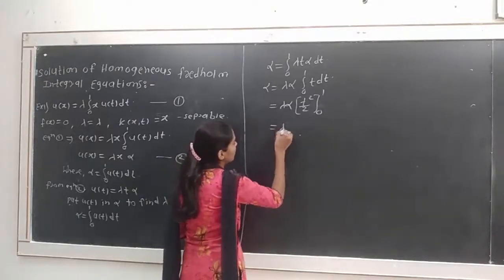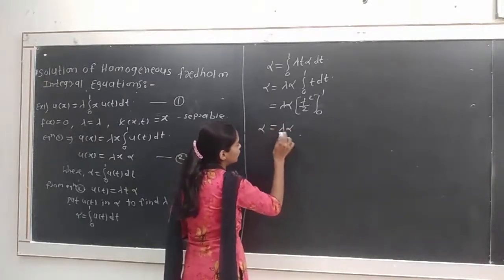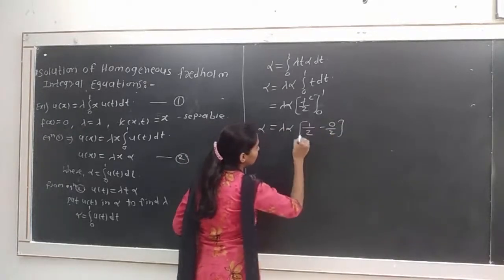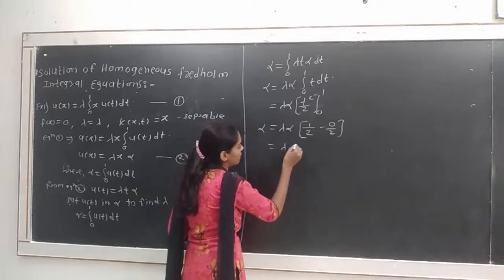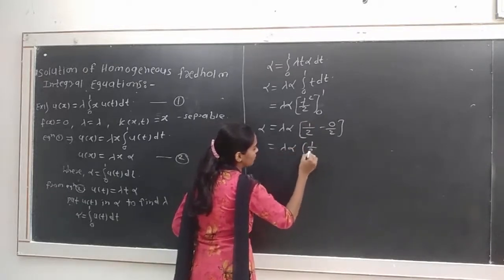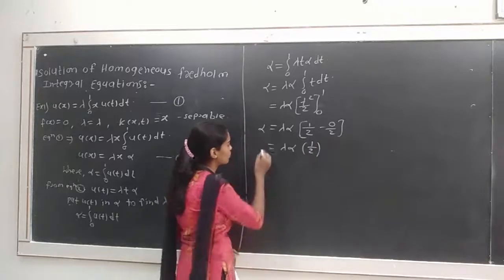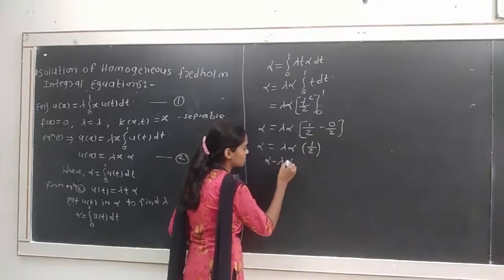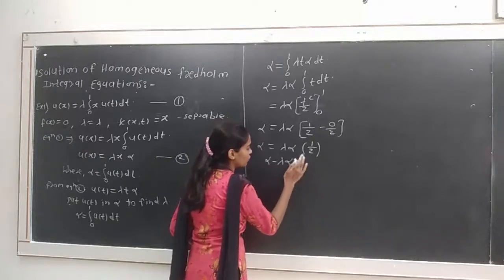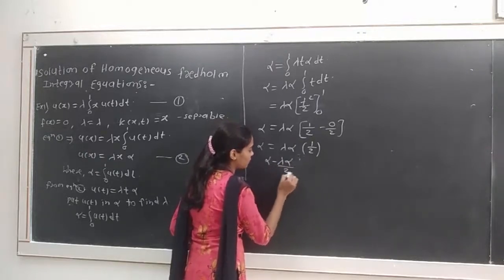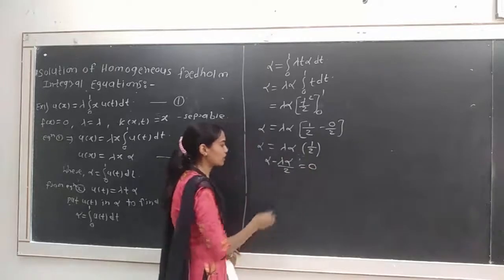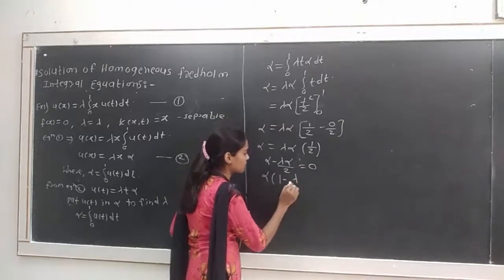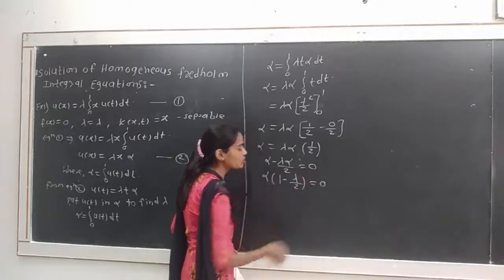Okay, so α equals λα by putting limits, 1/2 minus 0/2. So λα into 1/2, this term becomes 0. We shift all the terms here, so we get α minus λα/2 equal to 0. By taking α outside, in the bracket remaining is 1 minus λ/2 equal to 0.